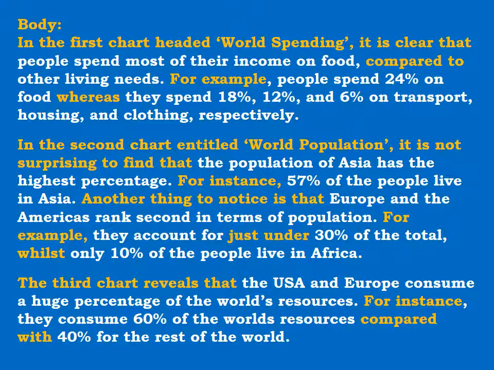Another thing to notice, this is another idea again about the second pie chart, is that Europe and the Americas rank second in terms of population. And again, you remember we said that for Europe the percentage is 14%, and the same percentage for the Americas, both Americas. So they rank second in terms of population. Now, details, we want to give an example.